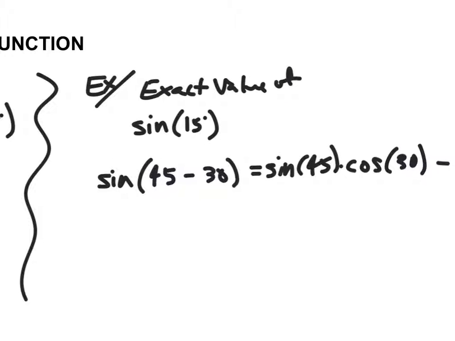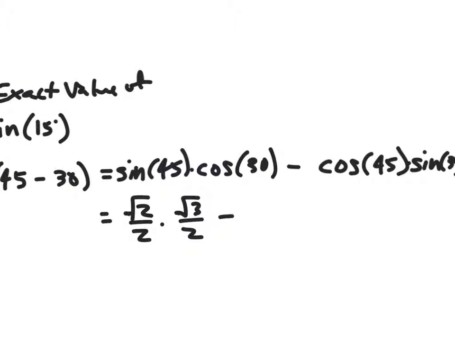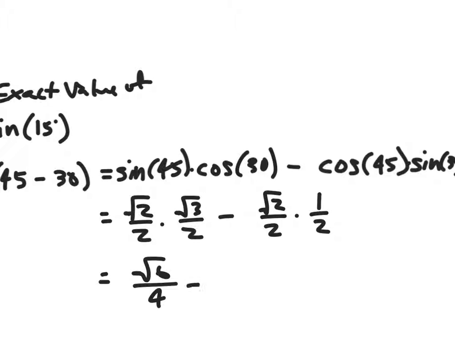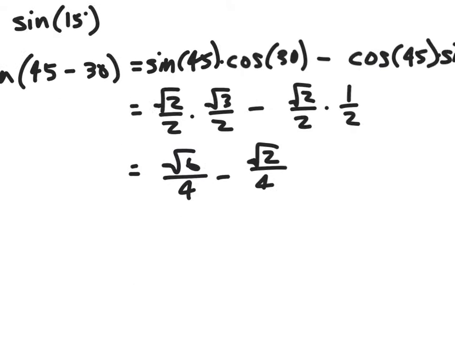So this is going to give me square root of 2 over 2 times square root of 3 over 2 minus cosine of 45 degrees, which is going to give me root 2 over 2 times 1/2. Okay, and so I'm going to get the square root of 6 over 4 minus square root of 2 over 4. Combine these together, and that's going to give me square root of 6 minus the square root of 2 all over 4.